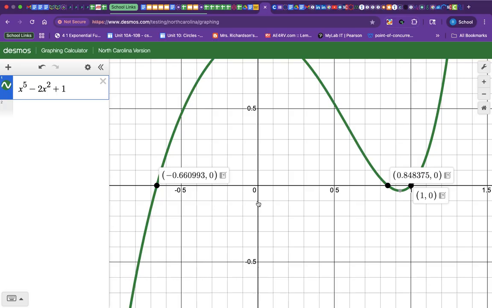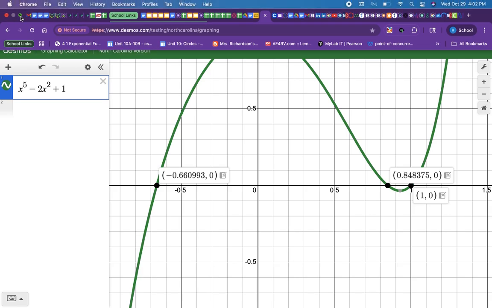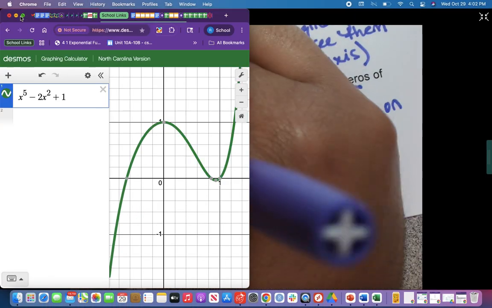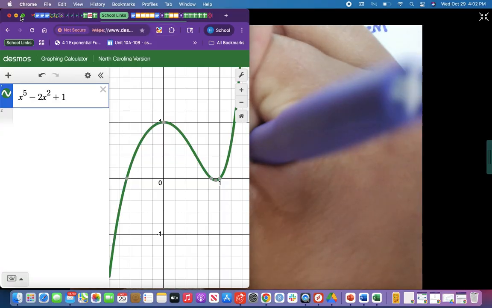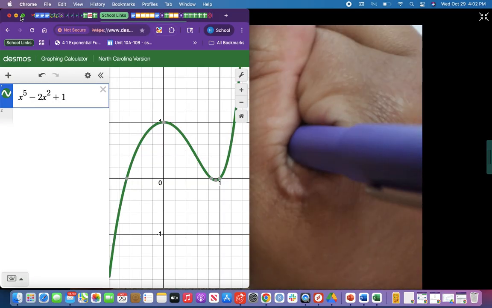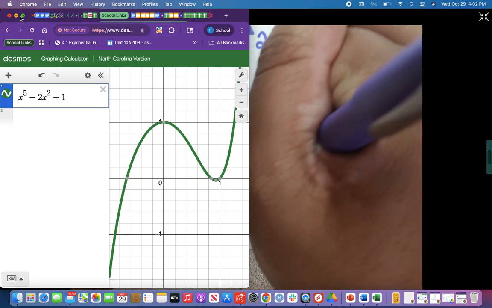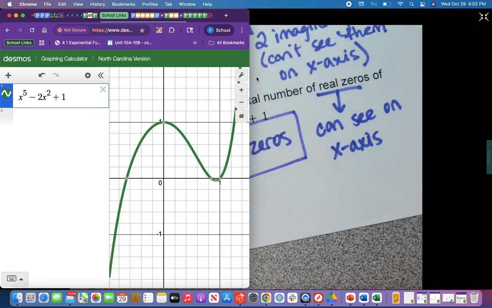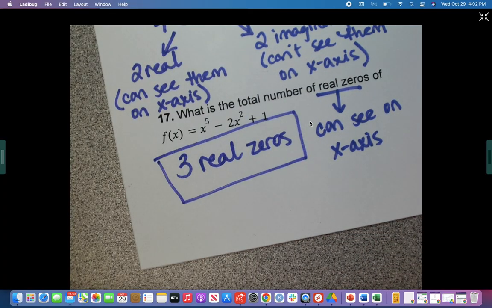But this one isn't asking about the imaginary, it's just asking about the real. This graph crosses or touches the x-axis 3 times, so there are 3 real solutions. So 3 real zeros. All right, so that's 17.